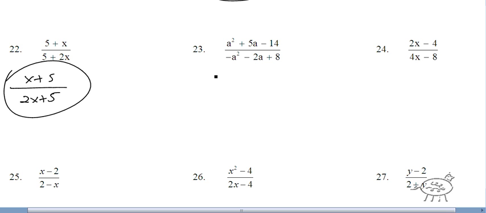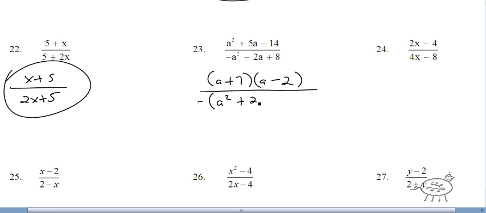Okay, the next one. In the factor, I get a and a, plus 7 and minus 2. That'll work out. The bottom, I'm going to actually factor out a negative first. So I get a squared plus 2a minus 8.